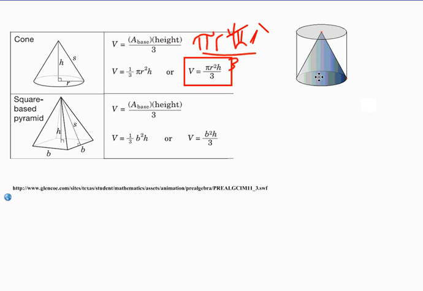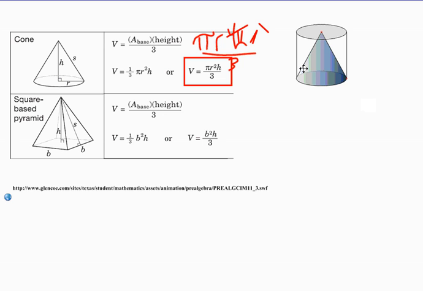And if you were to take this cone, fill it with water, and pour the water into the cylinder, then you would discover that the cone holds exactly 1/3 of what the cylinder can hold. That's why you take a cylinder and you divide by 3 to get a cone. Again, I'm hoping you did that exploration in an earlier grade.